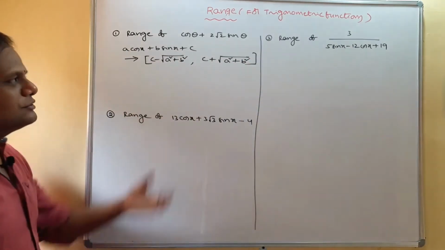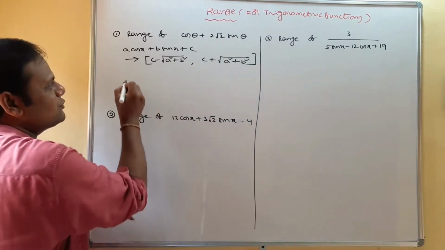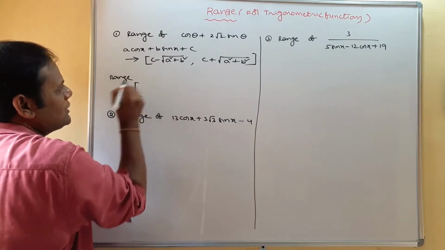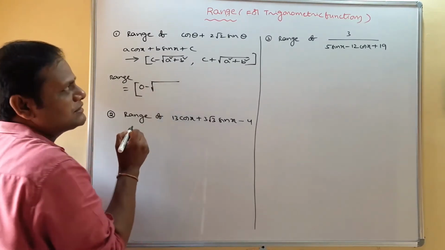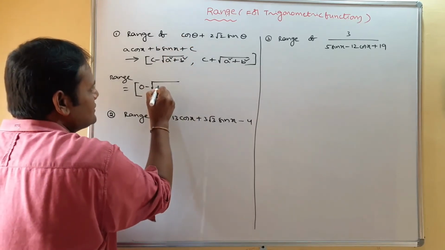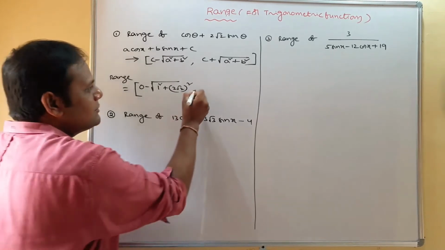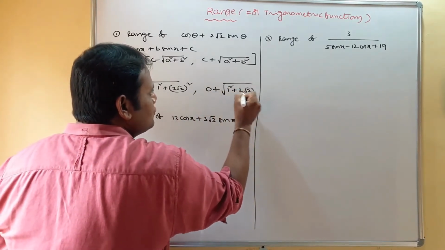Here there is no constant term, that is 0. So range equals closed interval c is 0, minus root a square plus b square. What is a? 1 square. b square, 2 root 2 whole square. Same, 0 plus root 1 square plus 2 root 2 whole square.